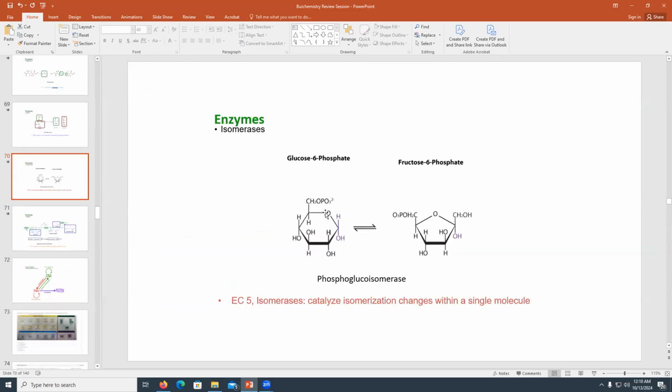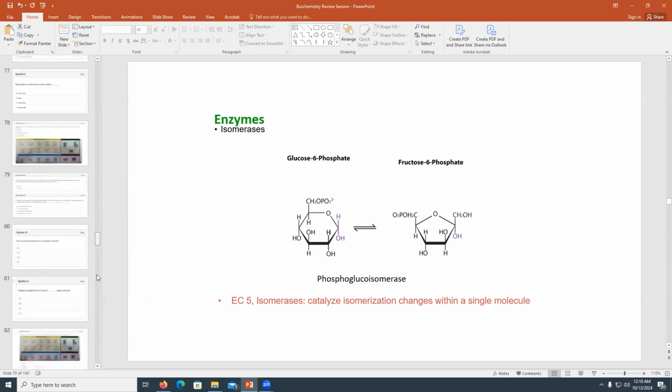Okay, glucose 6-phosphate: 1, 2, 3, 4, 5, 6 carbons. Fructose 6-phosphate: 1, 2, 3, 4, 5, 6 carbons. If you count, they have the same number. They are just rearranged differently. So yes, it's a rearrangement.